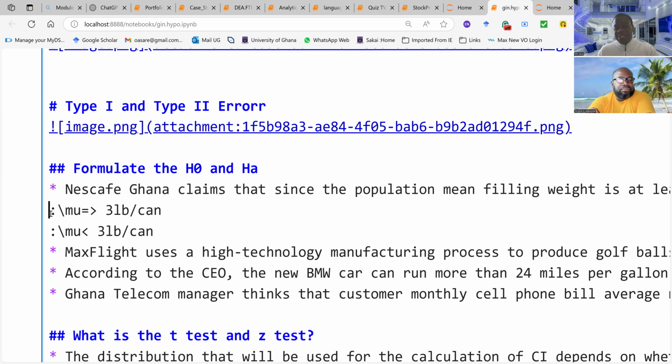Now, let's identify which one is the null hypothesis. Is it the top one or the down one? What do you think? Oh, by the way, if you want to put everything that you are doing into a mathematical symbol, we can put this symbol here and then write the dollar symbol.